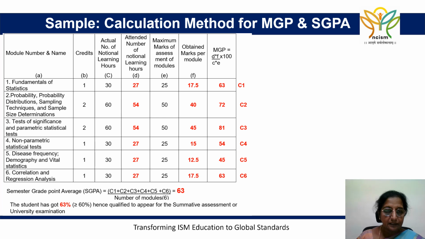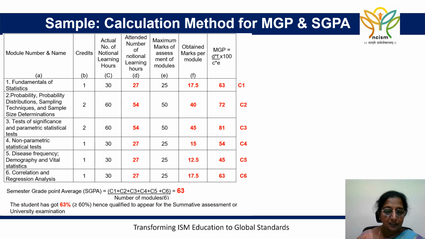If you take this as an example and assume that a student has got MGP for the first module as 63, second as 72 and so on, which can be represented as C1, C2, and so on up to C6, then the semester grade point average would be the summing up of all CIs, that is C1 plus C2 plus C3 plus C4 plus C5 plus C6 divided by the number of modules, that is 6.